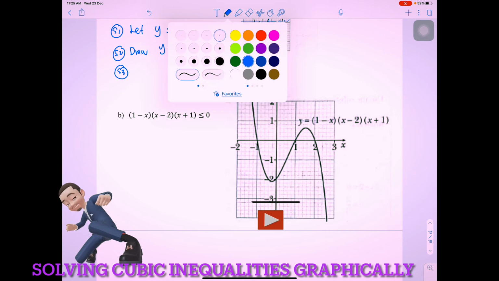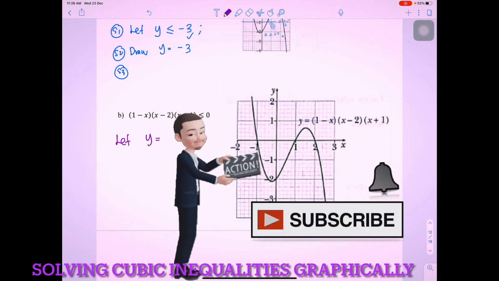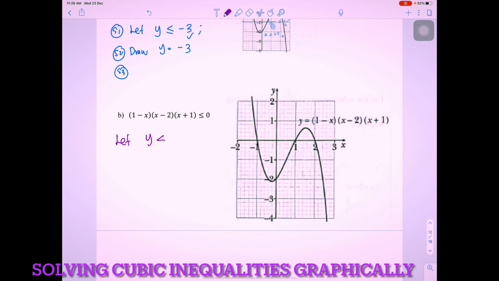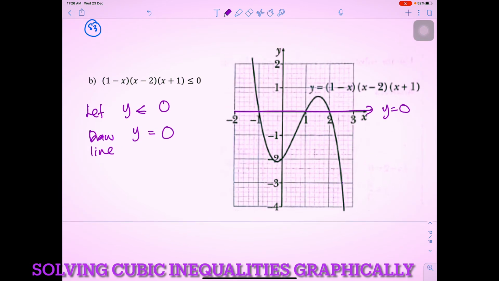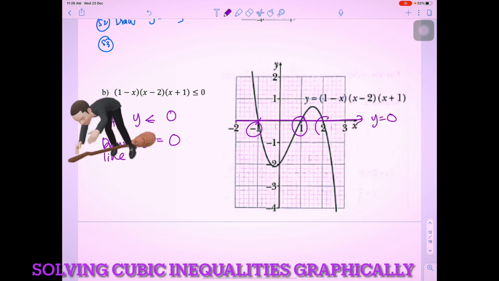Step 1: let y be less than or equal to 0, and then draw the line y equals 0. When you draw the line y equals 0, you can see the x intercepts are negative 1, 1 and 2.